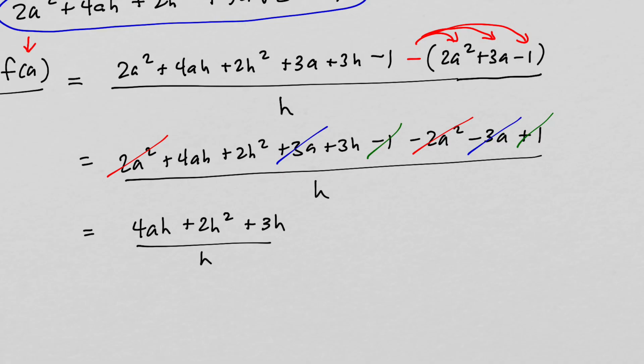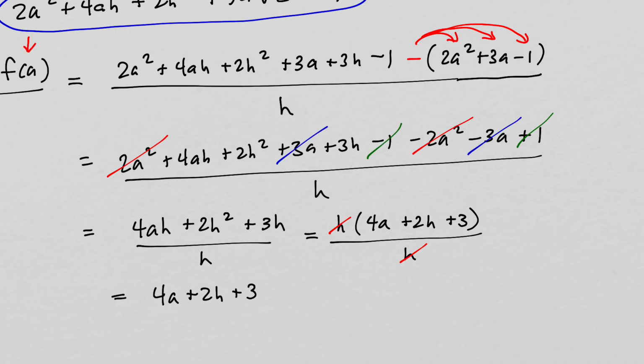Now, we can simplify because we can cancel an h, but the best way to do this is to take the h on top and factor it out. So if I pull an h out of each one of those terms on top, we have 4a plus 2h plus 3, and then divided by h. And now the h's here cancel, and our final answer is 4a plus 2h plus 3.